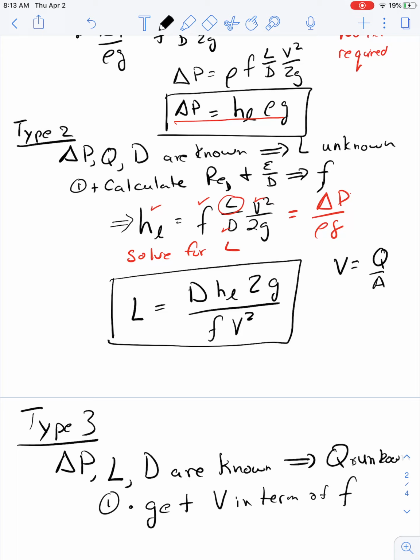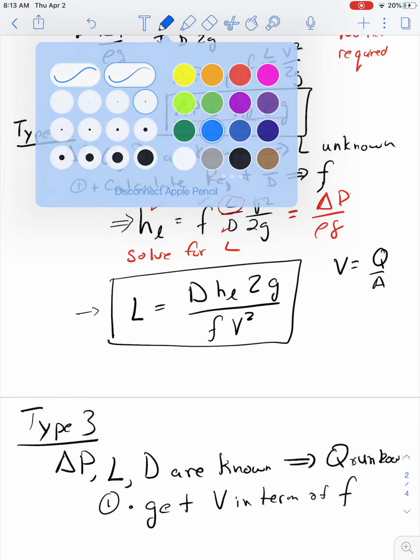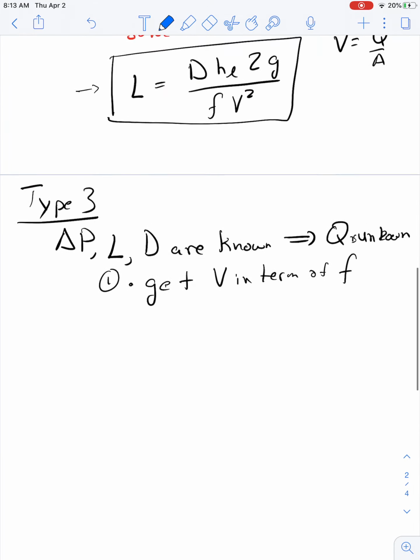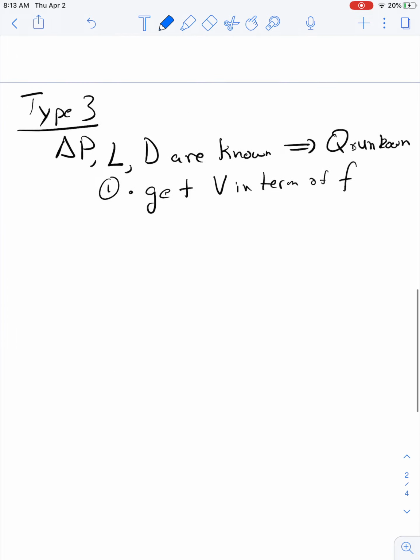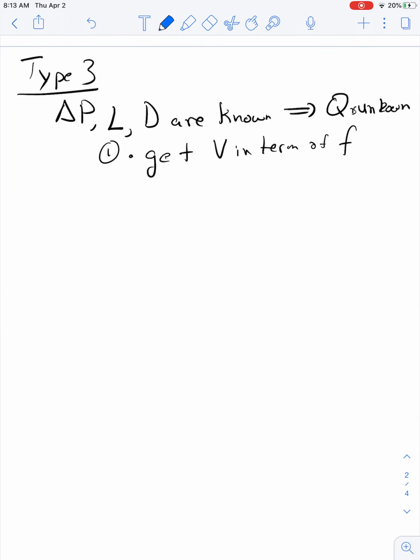Since we have the pressure drop, we'll know either the head loss or the pressure drop, and in the earlier equation we solved for L, but now we can also solve for V. So if we solve that for V, then we have a velocity that we can use.